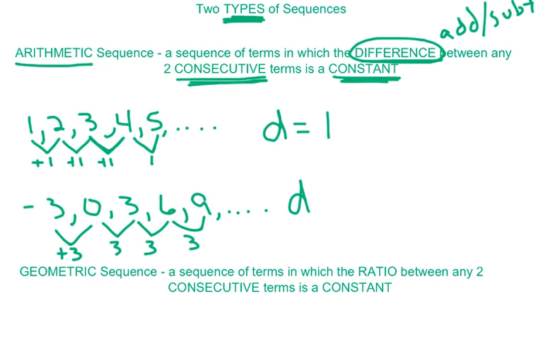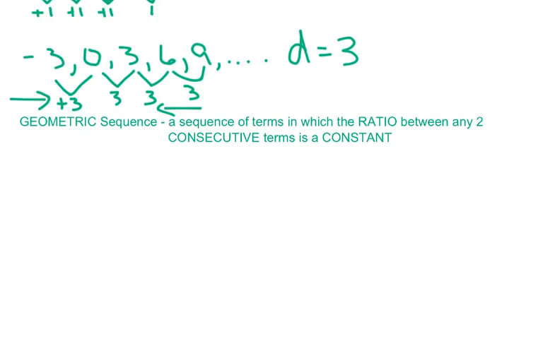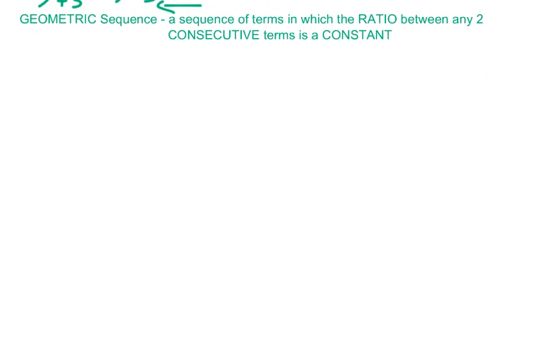So my common difference is 3. Okay, so we may find it going this direction, but when we name D, we're going from the first to the next term. So arithmetic is when you can add the same number each time.